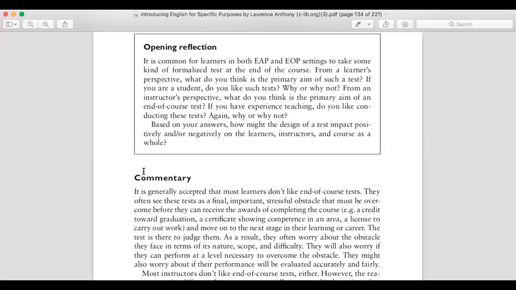Okay. As soon as you come to know that you would be judged, you would be credited, you would be compared, the situation becomes stressful. Okay. So most of the time it happens that students do not really like these tests.